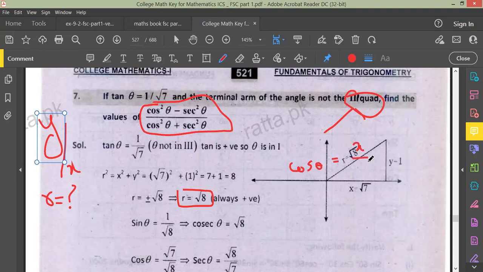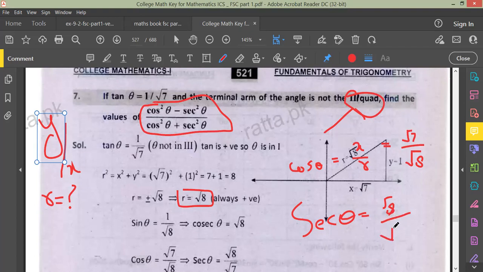So value of x is square root 7. So cos theta will be equal to square root 7 over r, which is square root 8. And similarly secant will be the inverse of cos, so this will be equal to square root 8 over square root 7.